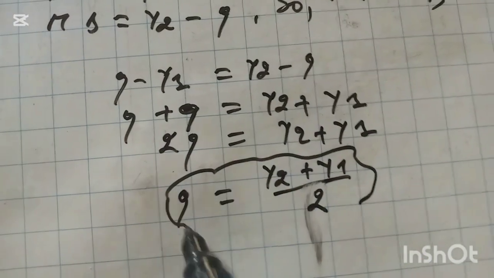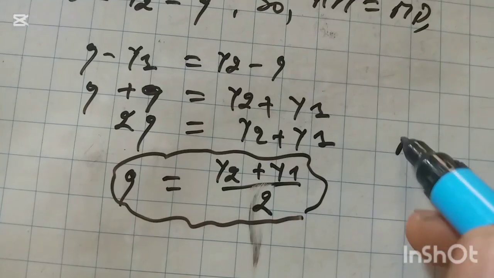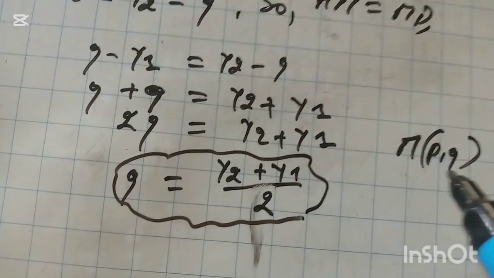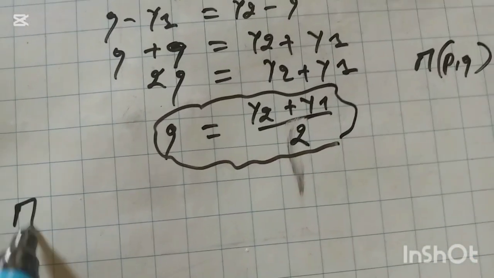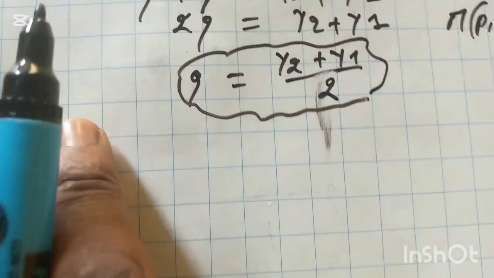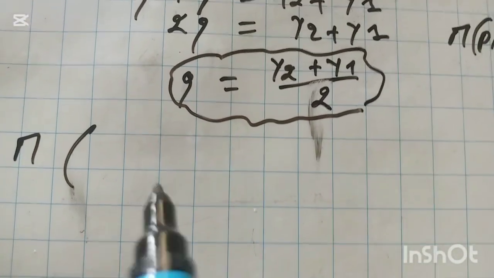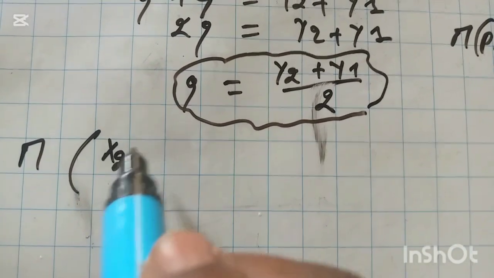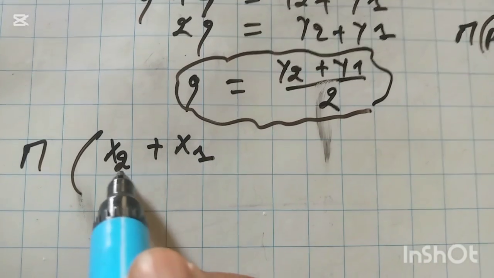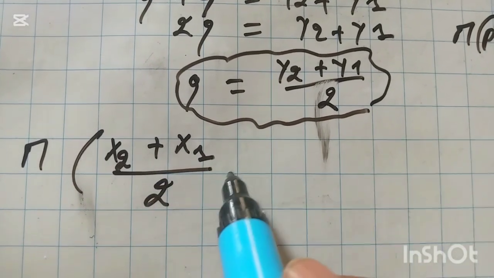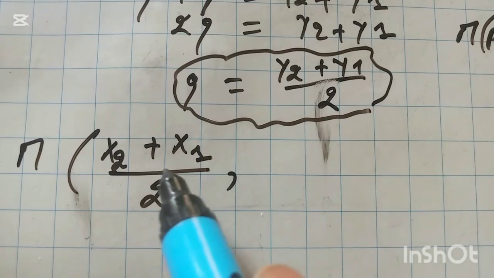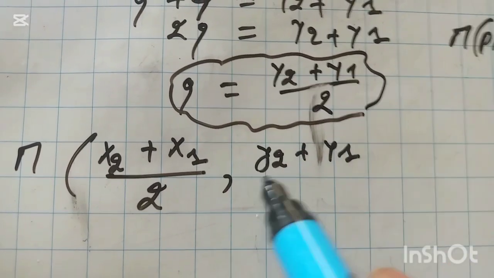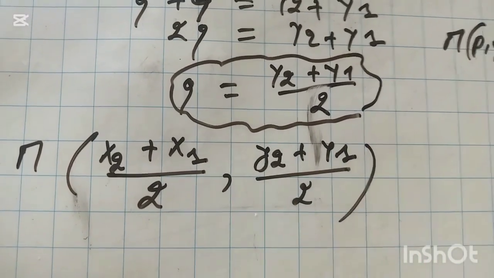This is how to find the midpoint, which is P and Q. The midpoint will be the point where P is x2 plus x1 divided by 2, and Q, which is y, is y2 plus y1, then divided by 2.